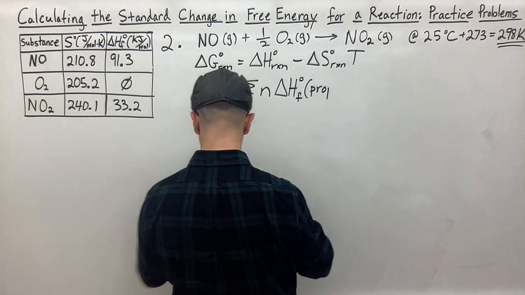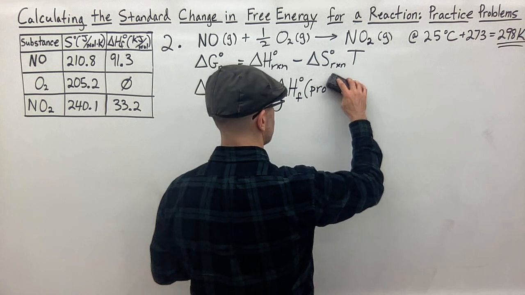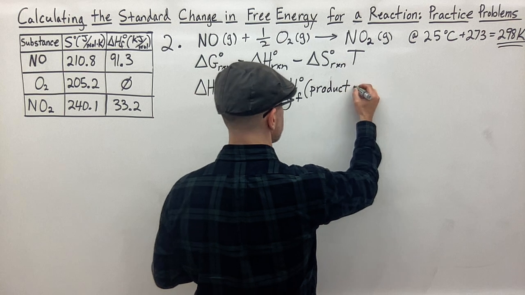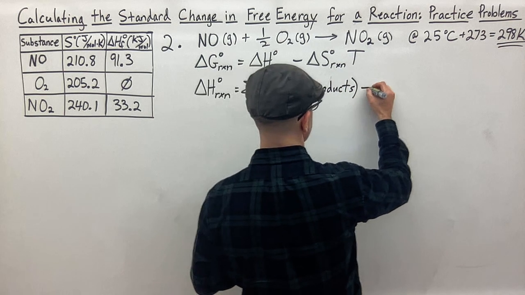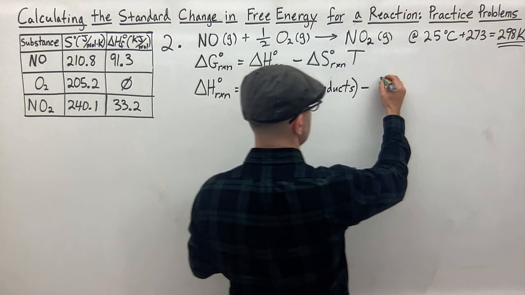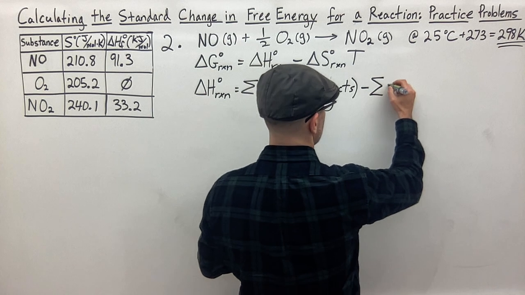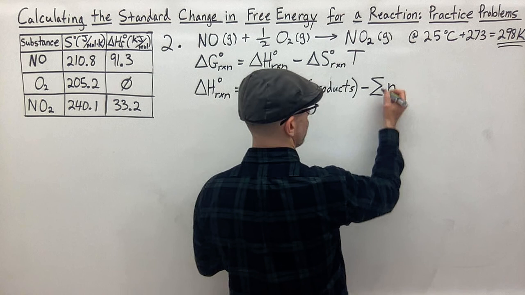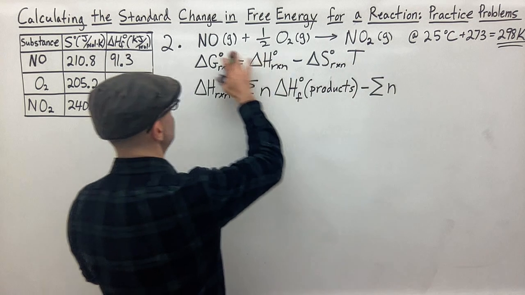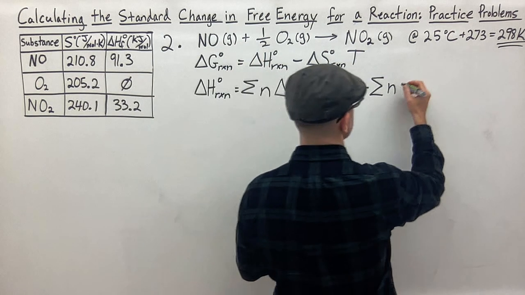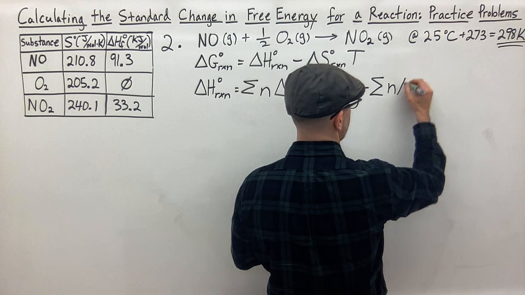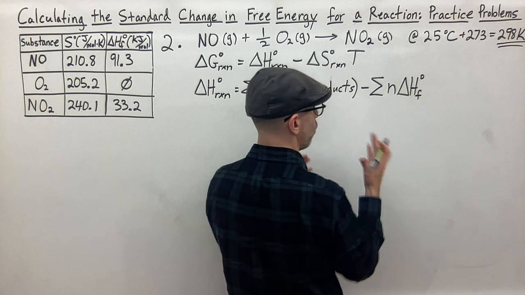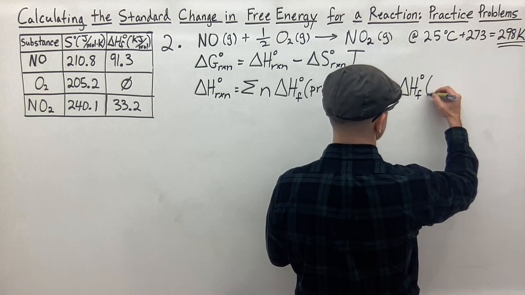It's products, minus then the sum of the reactants. So it's going to be the moles of the reactants from the coefficients multiplied by the standard heat of formation of those reactants.